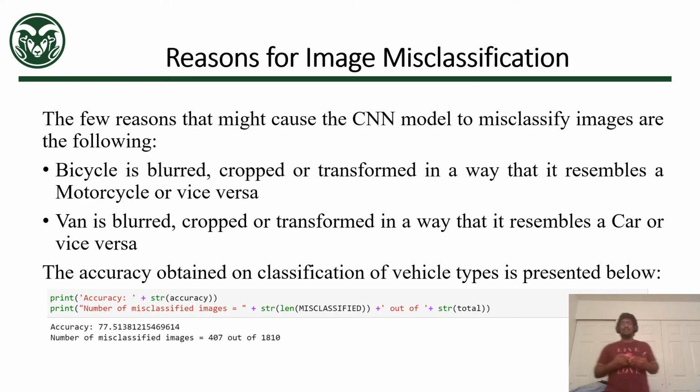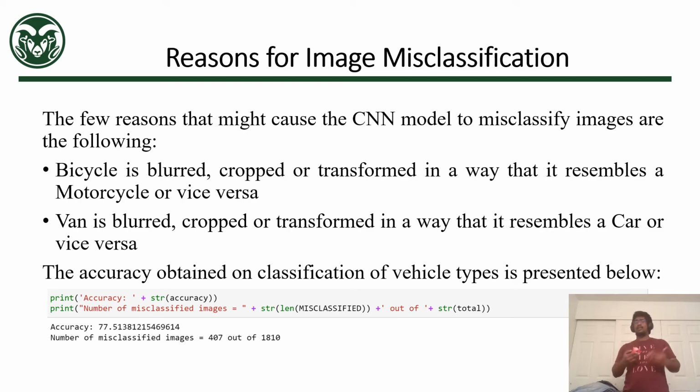So what can be the reasons for image misclassification? The few reasons that might cause the CNN model to misclassify in this context are that a blurred, cropped, or transformed bicycle image may resemble a motorcycle to the computer system, or vice versa.